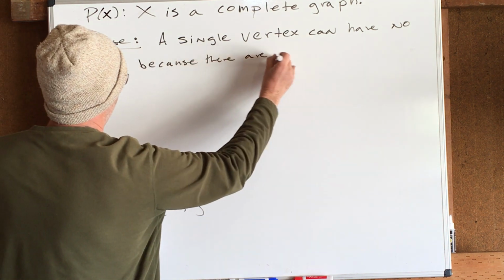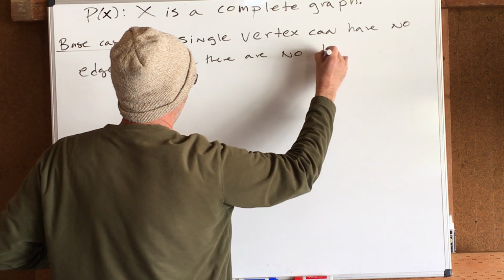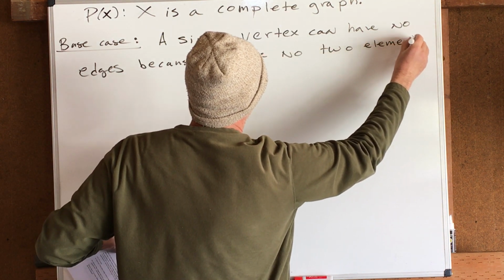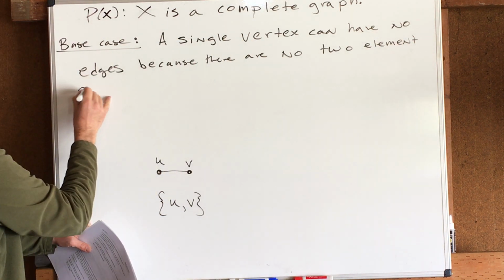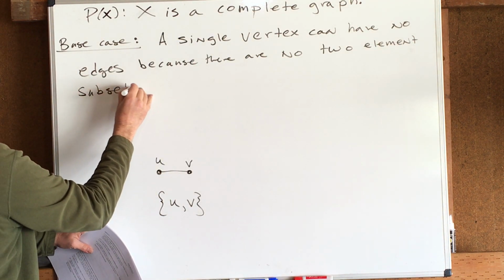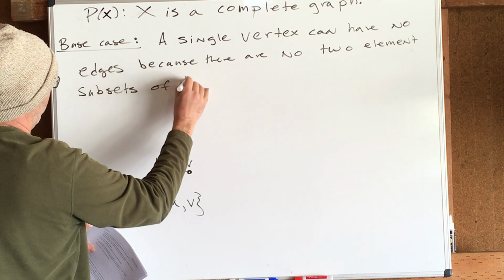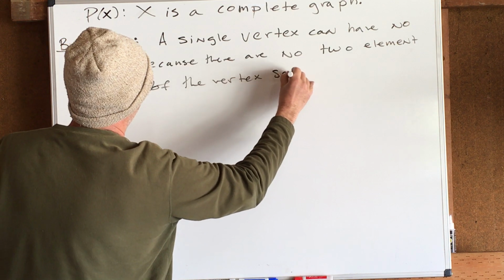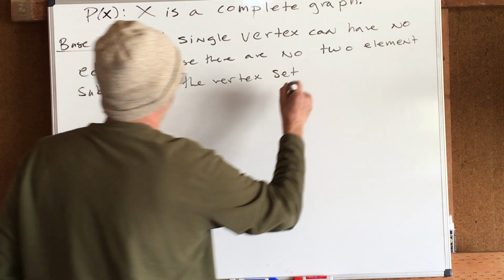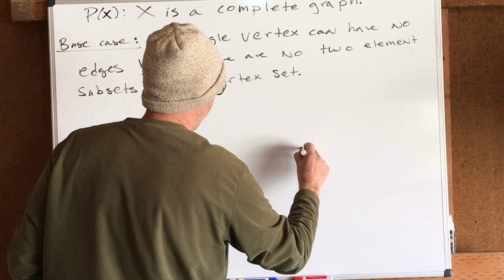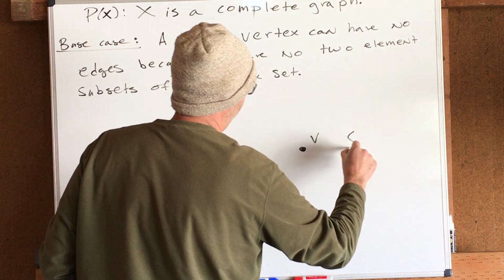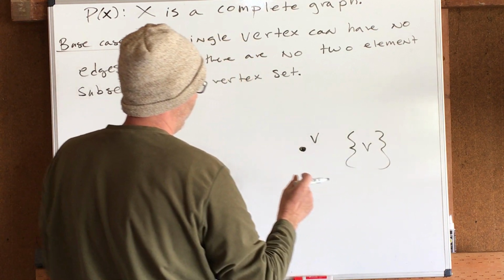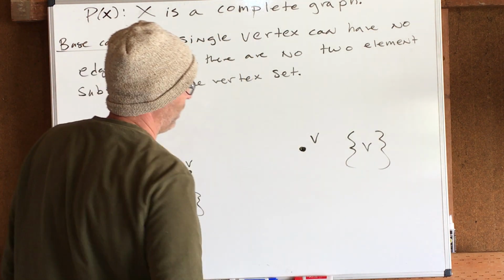Because there are no two-element subsets of the vertex set. Here we just have one singular vertex. The vertex set is V, so there's no two-element subsets of that.